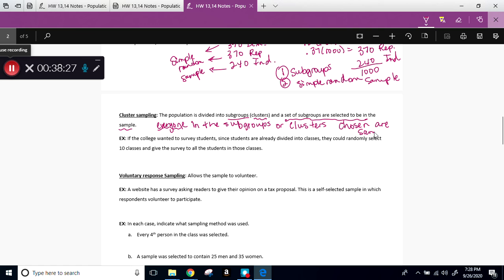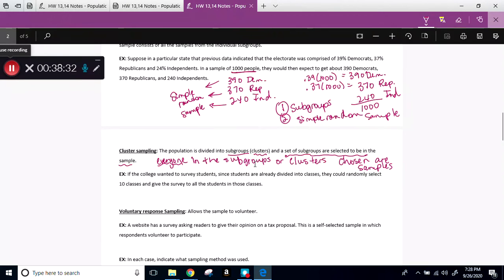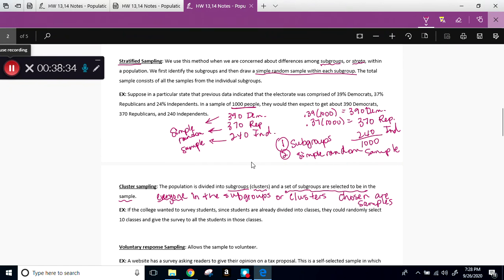Now, did they do that back up here when we talked about stratified sampling? In stratified sampling, they put them into subgroups.